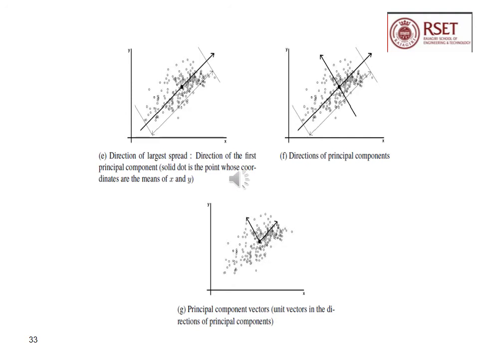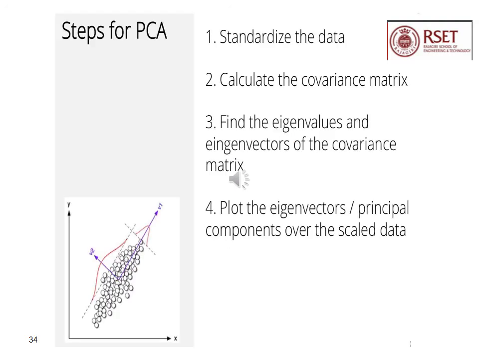The direction of largest spread is the direction of the first principal component, and the solid dot is the point whose coordinates are the mean of x and y. The second diagram indicates the direction of the principal component, and the third diagram indicates the principal component vectors. So the vectors are the unit vectors in the direction of the principal component.